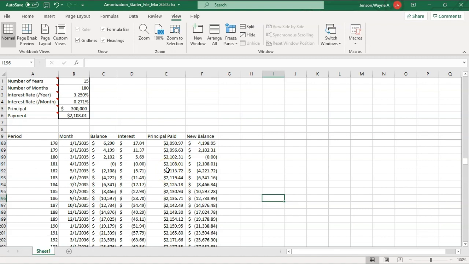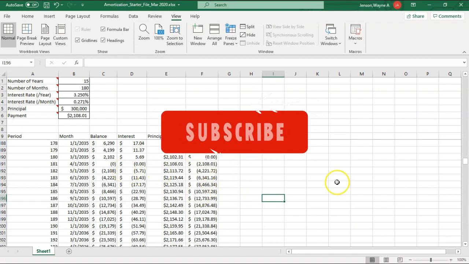We could use the IF logical function: if the new balance is 0, then we would put 0 in all of these other cells below. Or if the new balance is less than the payment, we'd have an IF function that says if it's more than the payment, then we go ahead and calculate it like we regularly do. But if it's less than the payment, then we'd have to do something different.